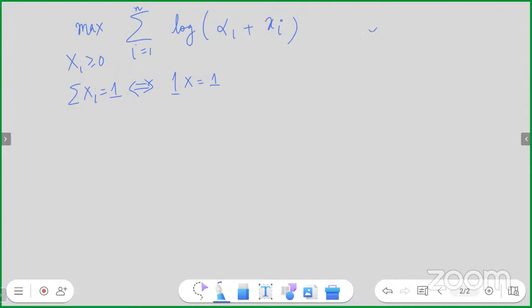Alpha is essentially, again, all the different users. Okay, so what should be the KKT condition for this?